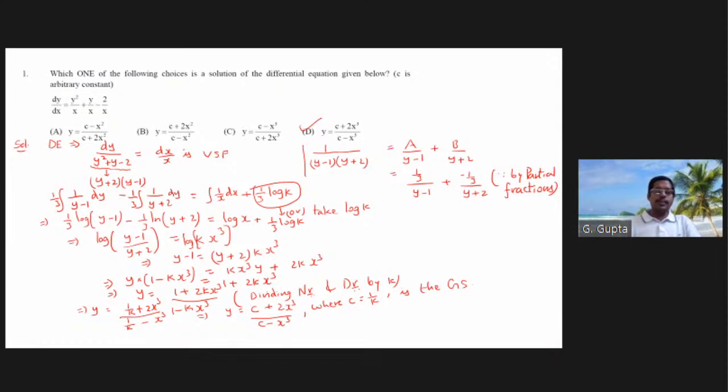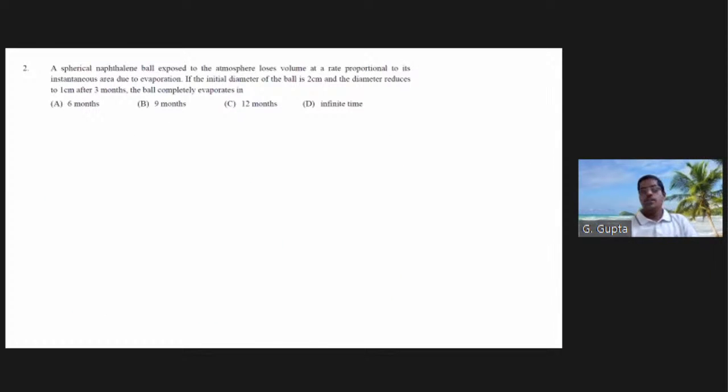Let us have a look at another geometrical interpretation or another application oriented problem like that. So this is also a GATE question. A spherical naphthalene ball exposed to the atmosphere loses volume at a rate proportional to its instantaneous area due to evaporation.